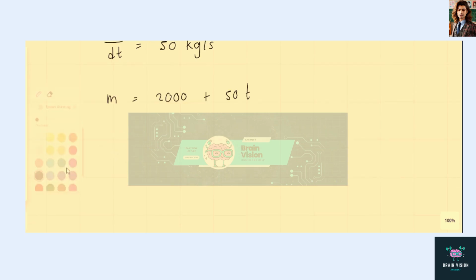Now, with all this information, we can apply our steady flow equations. So we know the sum of all the forces in the x direction, sigma F_x, must equal m dv/dt plus v_di in the x direction times dm_i/dt.